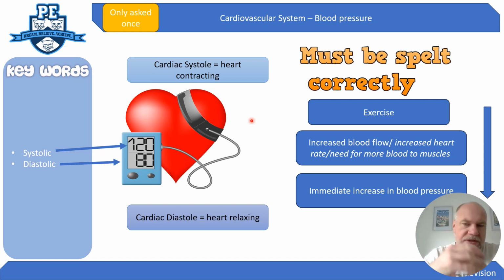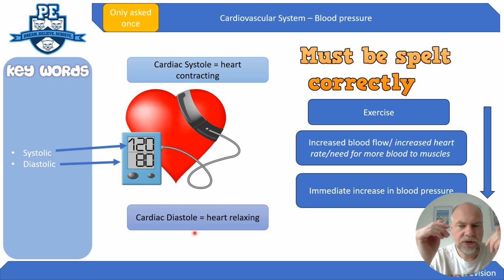And you need to know that the higher number, 120, the one that always sits on top, is called systolic blood pressure, or cardiac systole, and that's when the heart is contracting and we're beating the heart. When the heart relaxes, there's still pressure in the blood system, but just not as much, and that's called diastolic pressure, or cardiac diastole, and that's when the heart is relaxing.